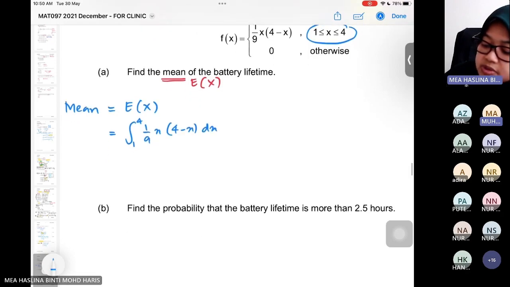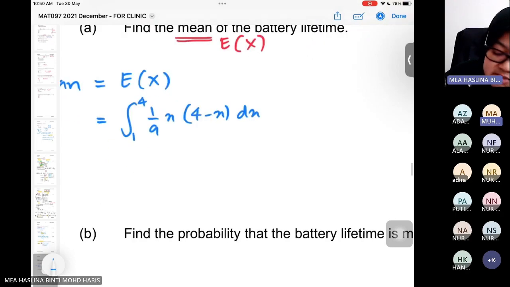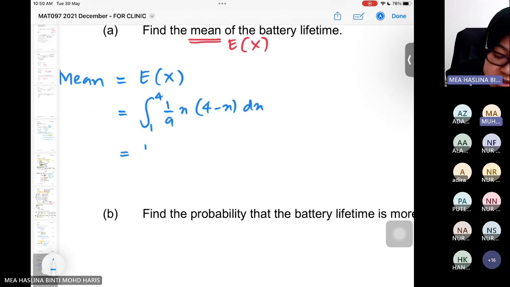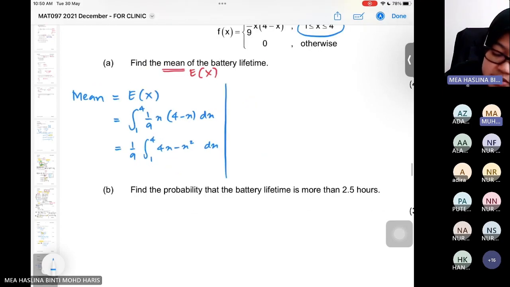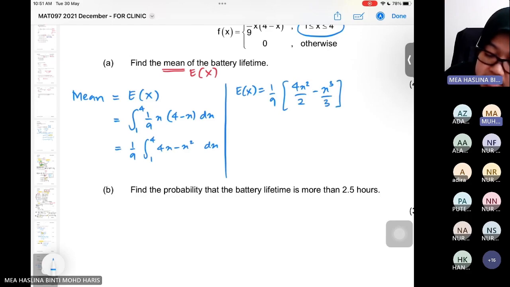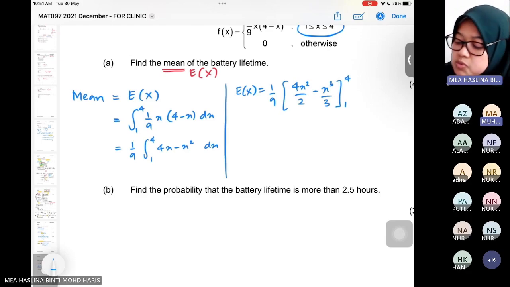Taking out 1 over 9 outside, 1 to 4, then 4x minus x squared, integrate with respect to x, giving 1 over 9 times 4x squared over 2 minus x cubed over 3. Substitute the value 1 to 4.